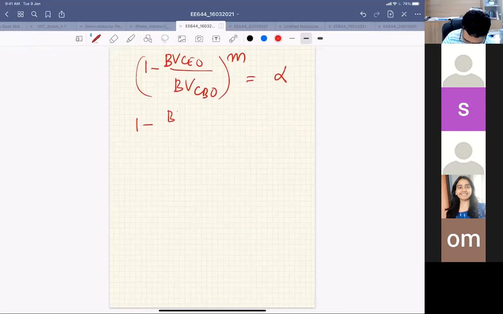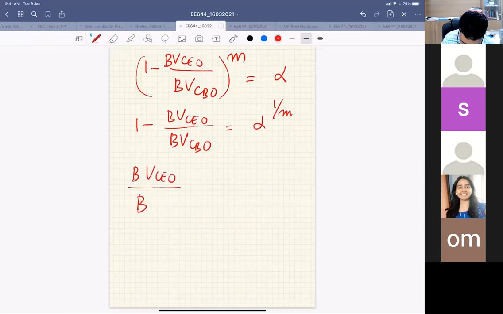So 1 minus BVCBO by BVCBO is alpha to the power 1 by m, right? So BVCEO by BVCBO is 1 minus alpha, right? Okay.